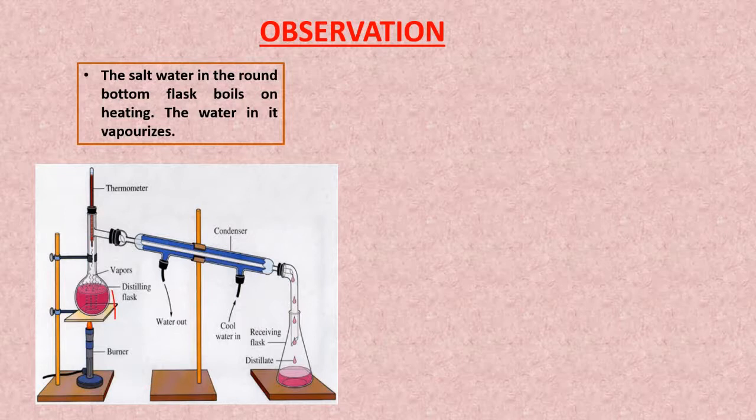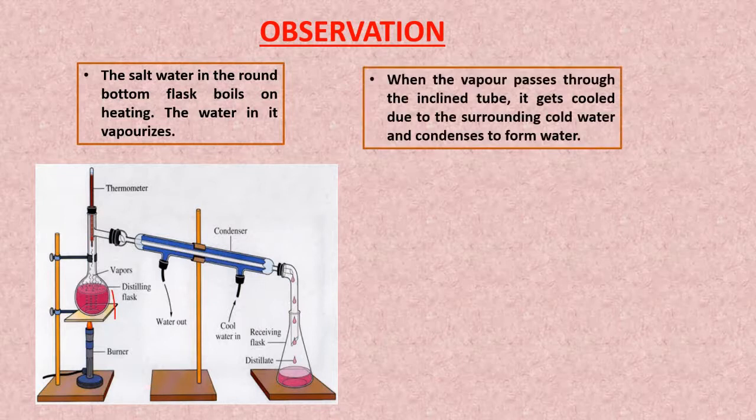Now when the salt water is heated, the water vapor rises in the round bottom flask, and these vapors pass into the test tube with help of this small tube, that is the nozzle.